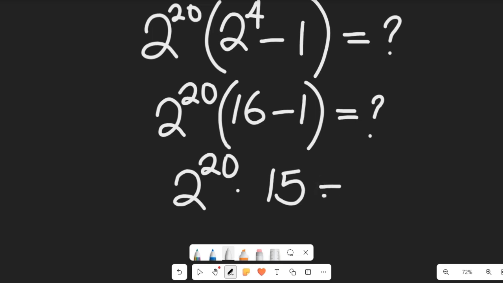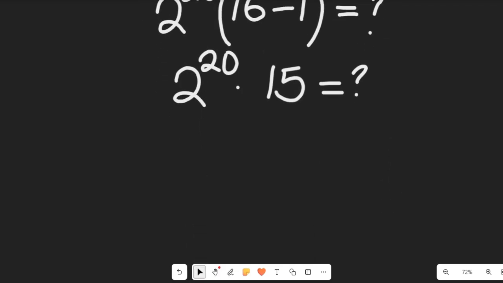Now we can break out this section too, in order to simplify further. We can break out the power of 20 as 10 times 2, which gives us 20, right?